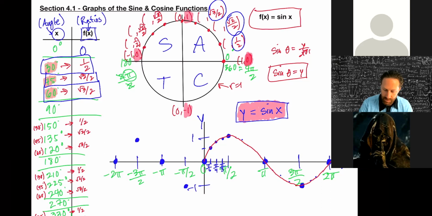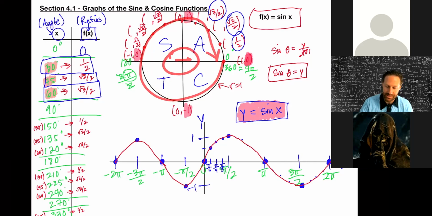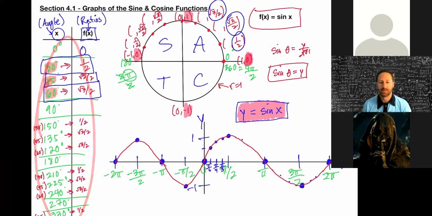And notice, even if I build it in reverse, what do we end up getting? The exact same thing. Because like we said, when we make one full circle, whether it was starting up or starting down, we would get the exact same values.